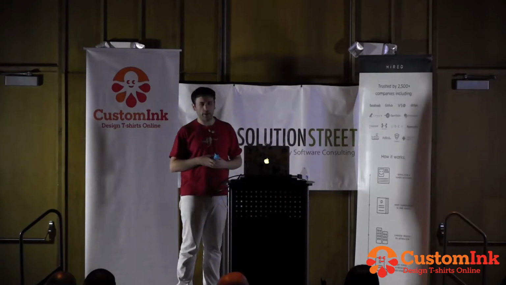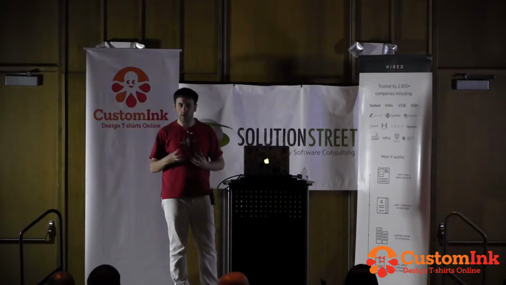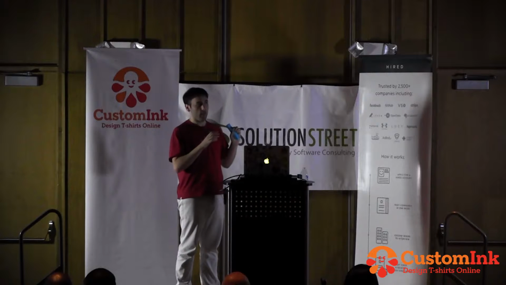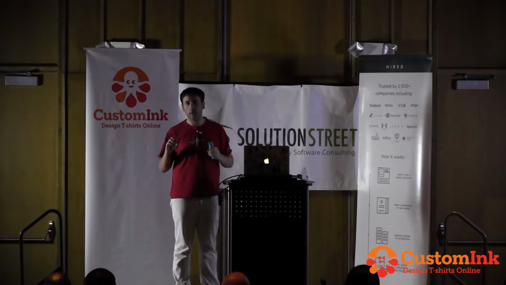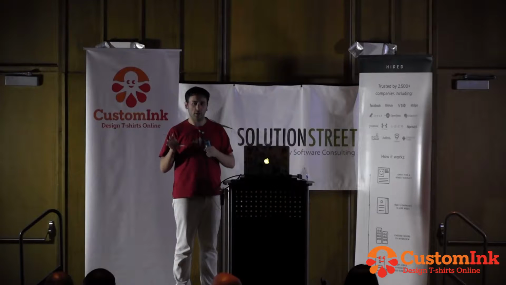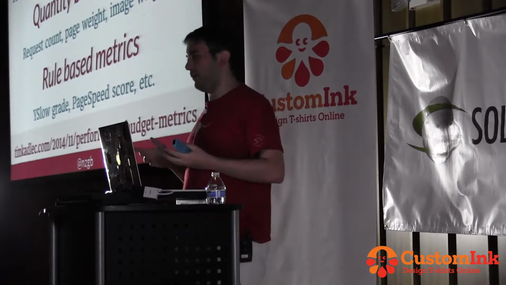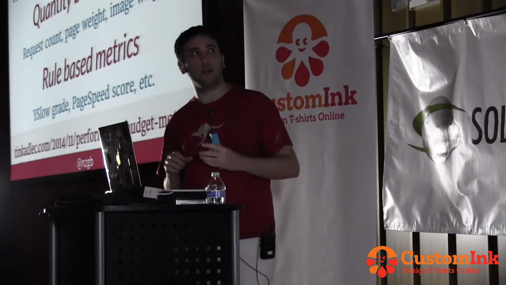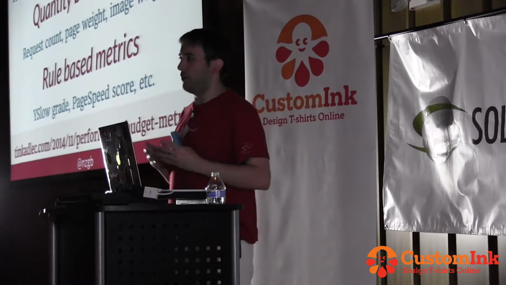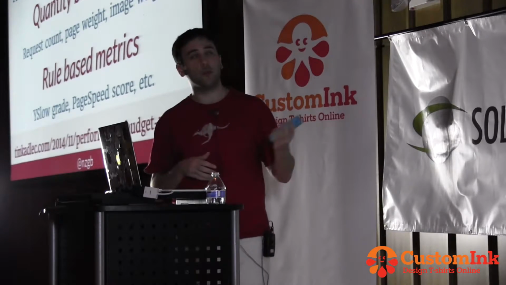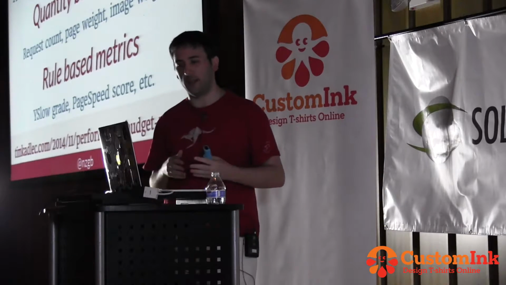The Speed Index is a great metric to measure because it's one of the most complete ones as a single value, because it gives you how the page is loaded over time and how much of the page is loaded at any given point. So it's a pretty good way of having a single overall value to use. If you want even easier metrics, you could use quantity-based metrics like request count, page weight, and things like that.